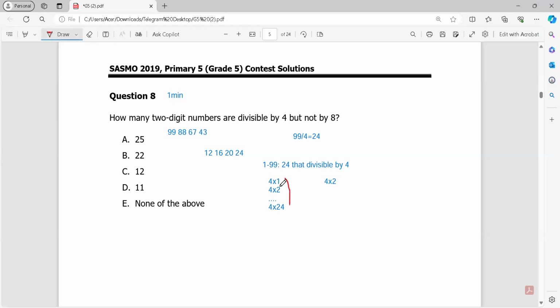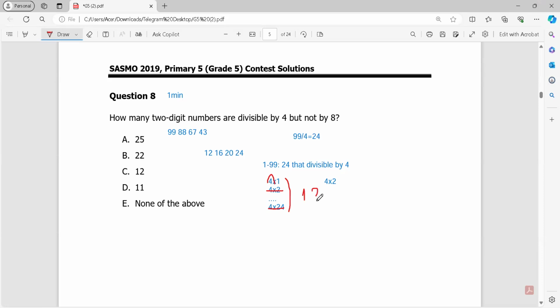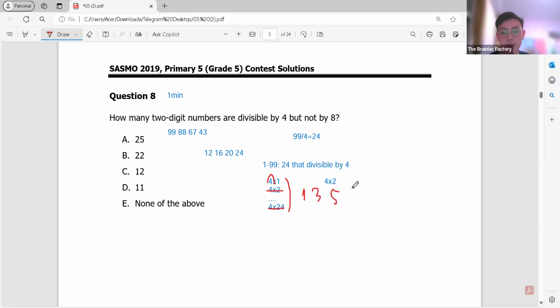We're not gonna include this one, and this one as well. So we only include the factor that excludes the even ones, which is the odd number. It could be 1, 3, 5, 7, and so on.